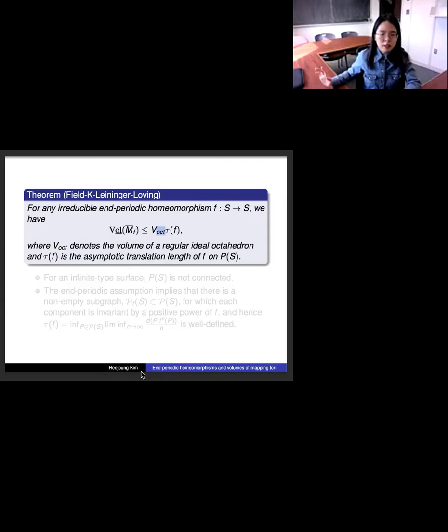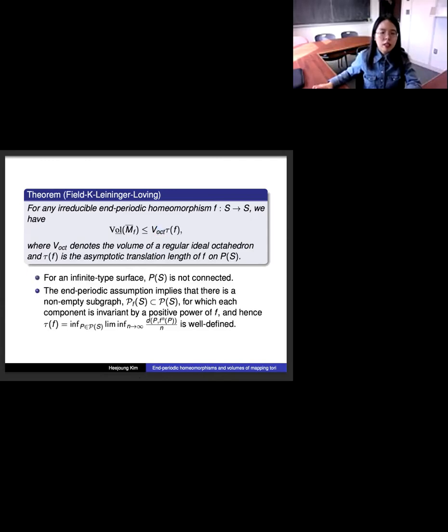So this is our main result. And note that for infinite type surfaces, the pants graph is not connected, but there is a non-empty subgraph of the pants graph where each component is invariant by a positive power of F, so that asymptotic translation length is well defined. So we can still think about the length.